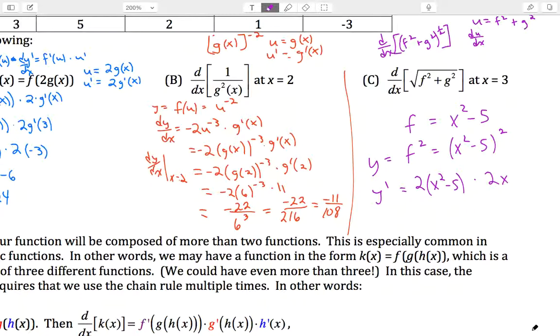So when I come up here, this is going to be 2f times f prime. Because f is a function and we're squaring that function, so it's a chain. Plus 2g times g prime.